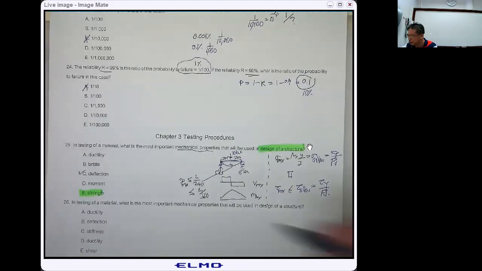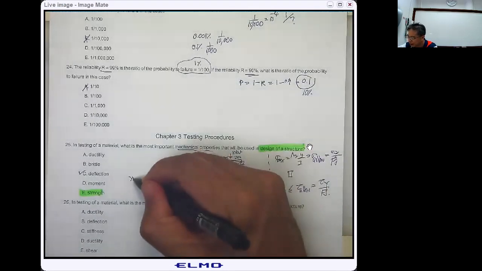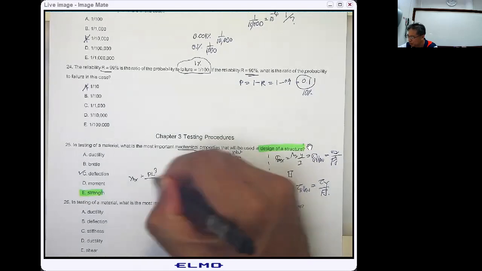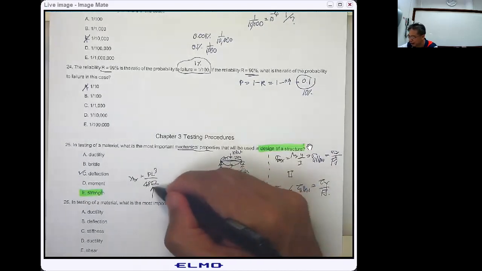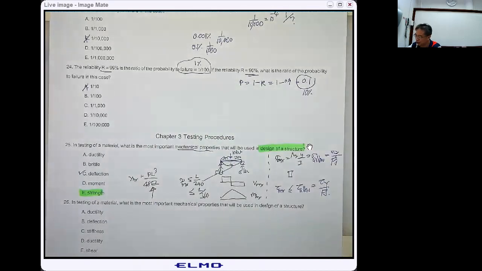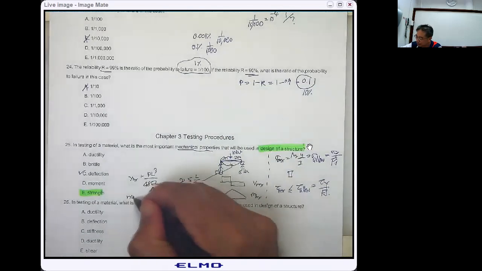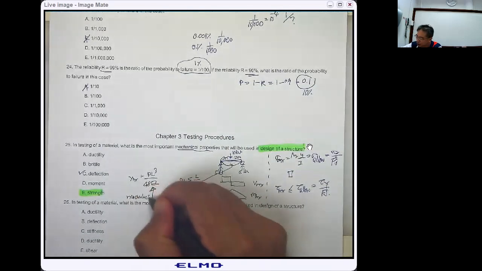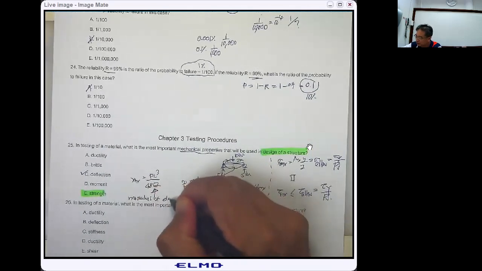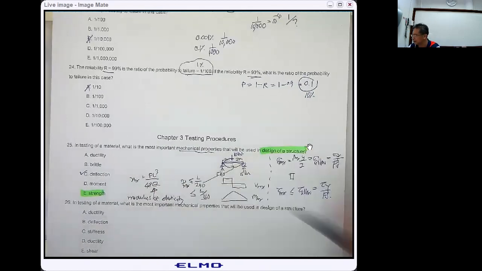And to compute the max deflection of this, it is going to be PL cubed over 48 EI. And then what is important is going to be the one of this. It's going to be what? It's going to be the modulus of elasticity.